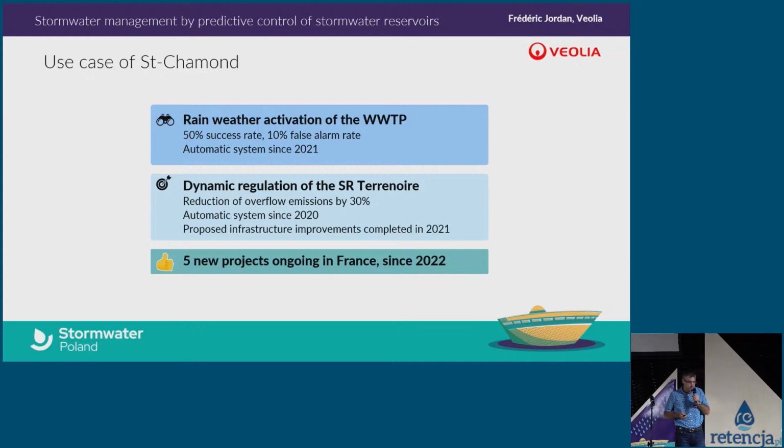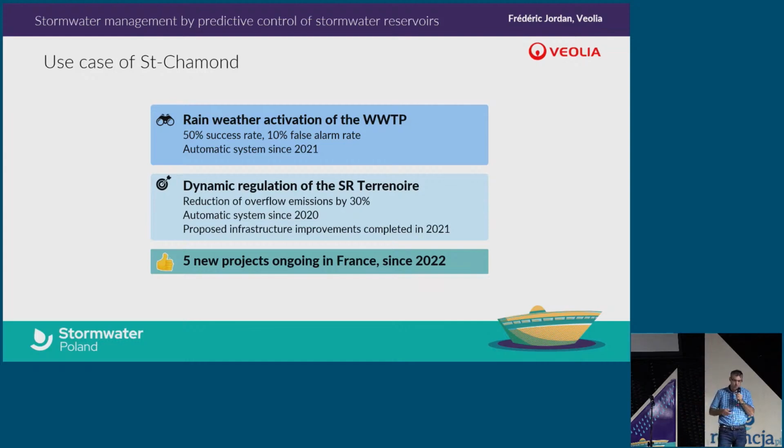Second, the dynamic regulations also prove to work with a real reduction of the emissions by almost 30%. It's also an automated process, and we just need sometimes to check it, recalibrate it a little bit, because with every event we have new information, and the system can learn from this new information.